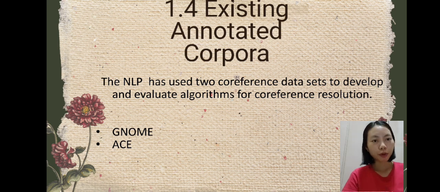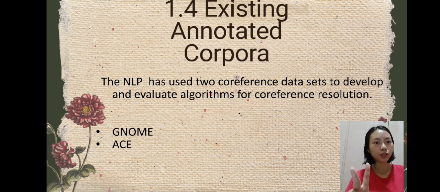So now let us move on to the next type of the anaphoric resolution information, which is the existing annotated corpora. The NLP community focusing on general English has used two coreference data sets to develop and evaluate algorithms for coreference resolution.